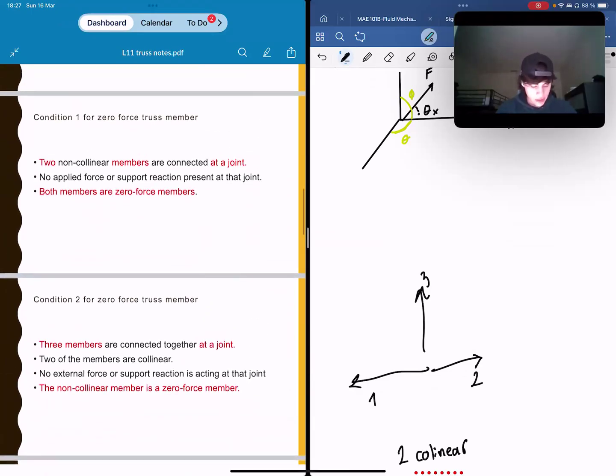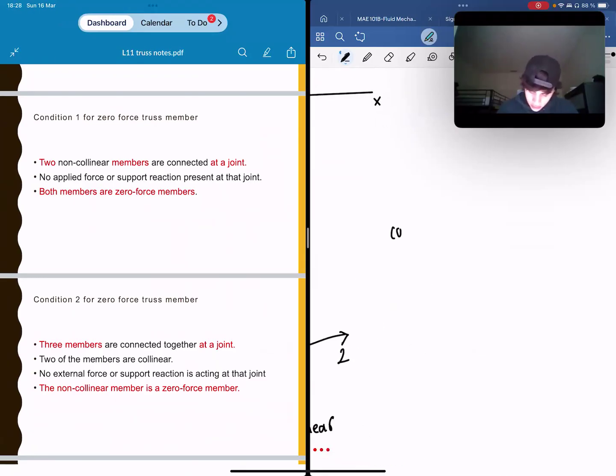But let me review condition one again. Two non-collinear members are connected at a joint. So for condition one, these are two members, one and two, and they are not collinear, right? No applied force or support reaction present at that joint.